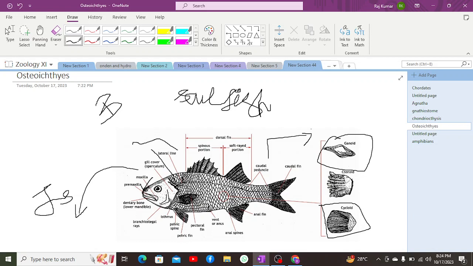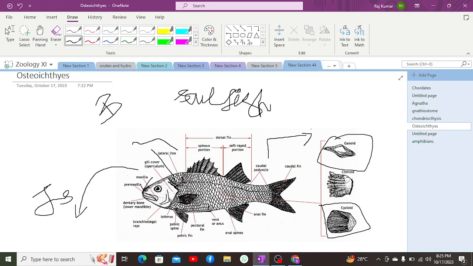Apart from this, the third adaptation is that they are having swim bladders, or air bladders, present inside their body, which make their body quite buoyant.